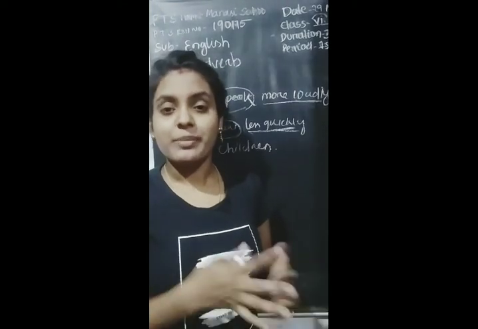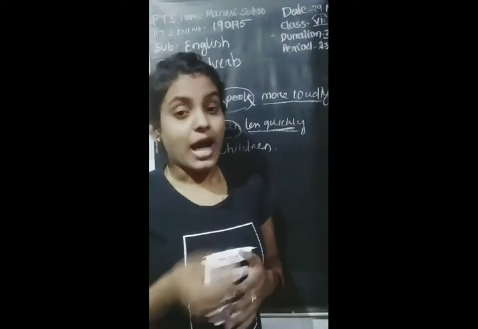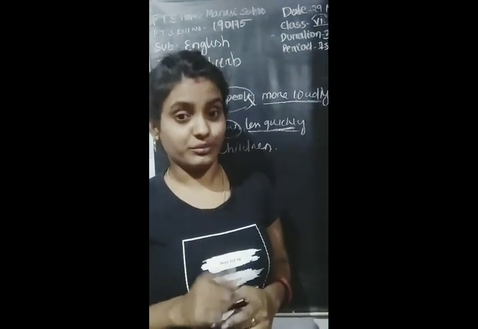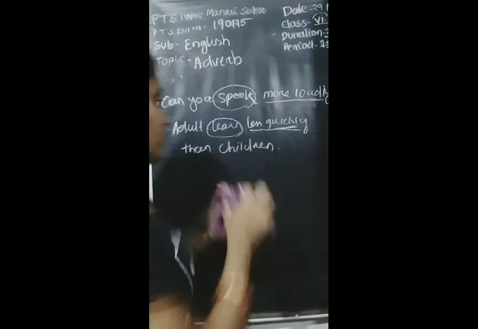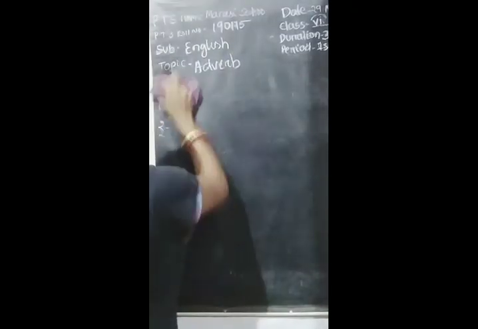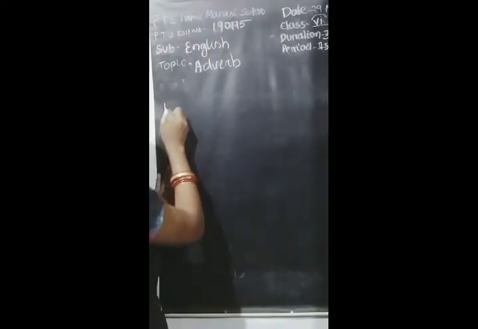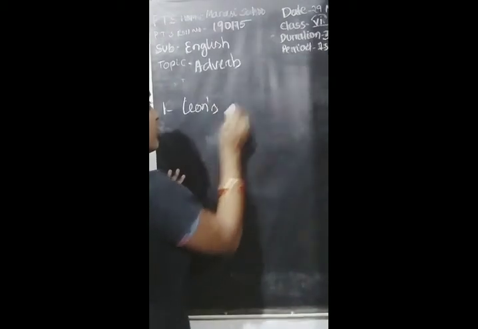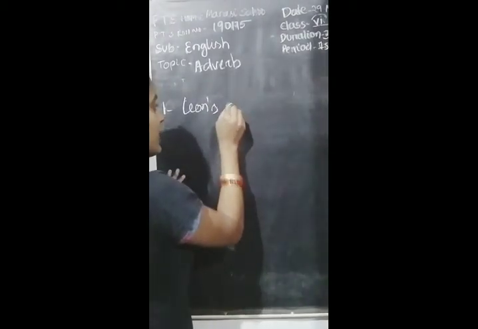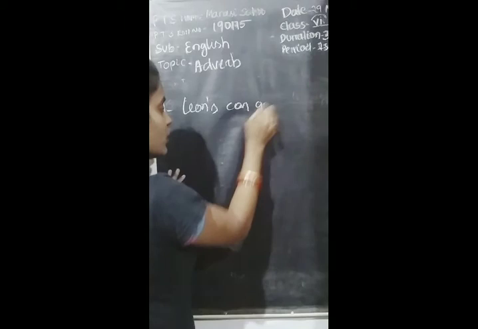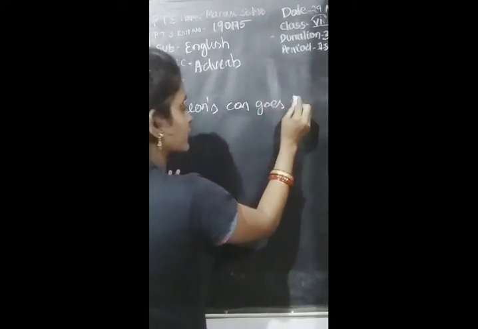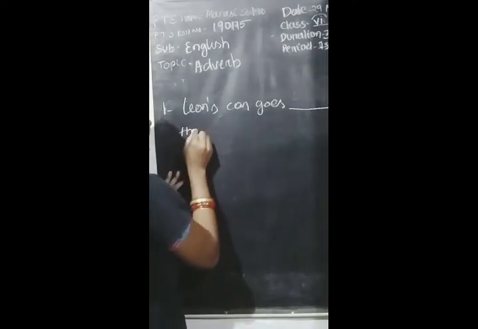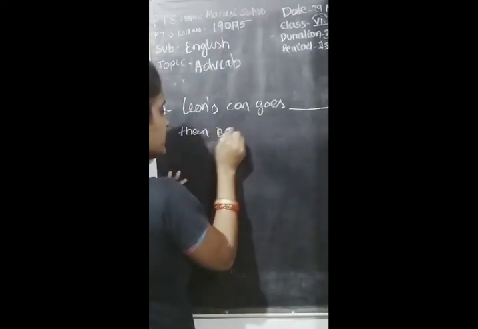So let's see where people make mistakes. Now I have put one more example and this time I want an answer from you. Okay, so let's see the example. Leon's car goes blank than Benjamin's.